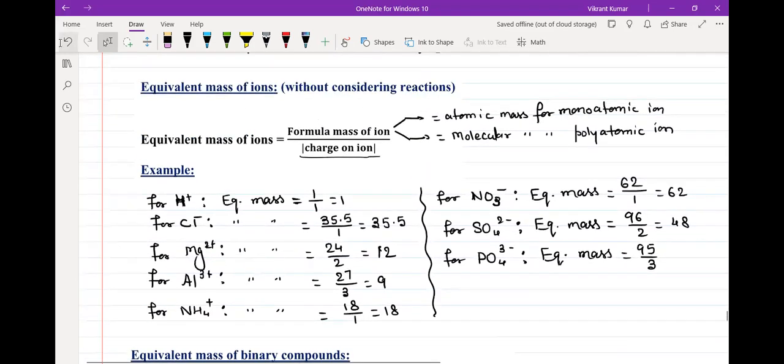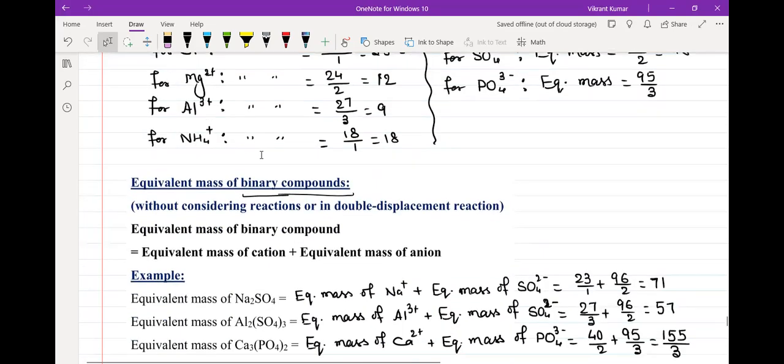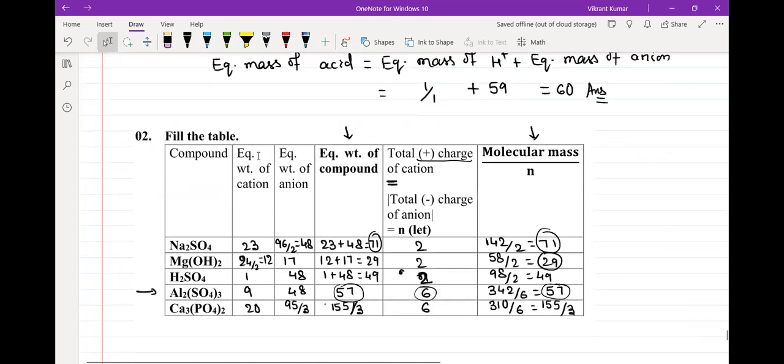Similarly, if you see the next case, when we were talking about equivalent mass of ion, it was formula mass upon again some number, which is the magnitude of charge of ion. In the next case, equivalent mass of these binary compounds will be equal to their molecular mass upon the total positive charge of cation or the magnitude of total negative charge of anion. Is it okay?